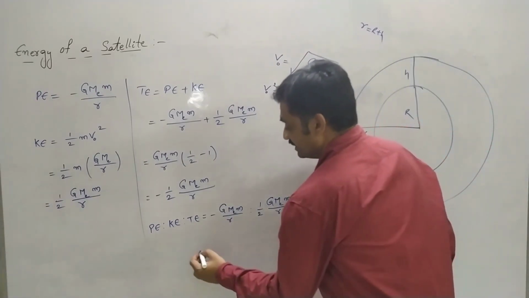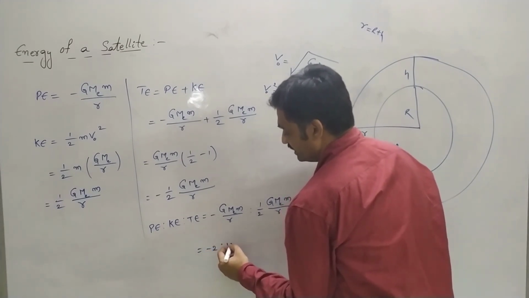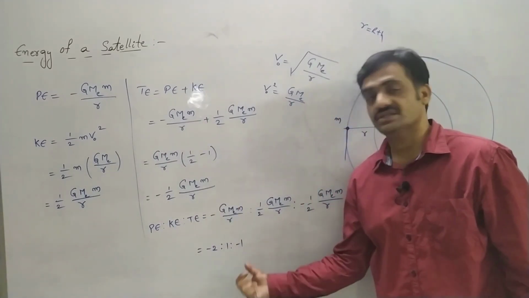On taking the LCM, the ratio is represented as minus 2 is to 1 is to minus 1.